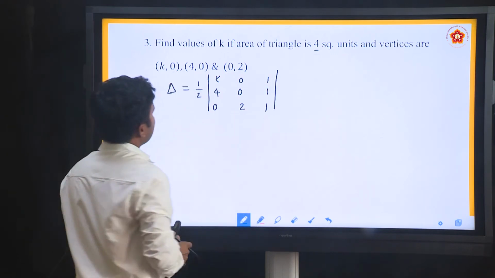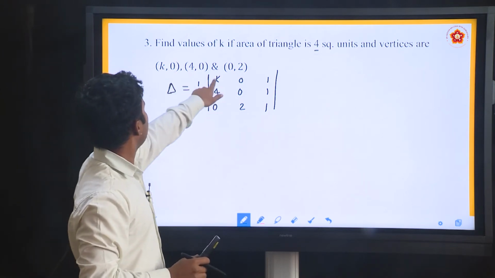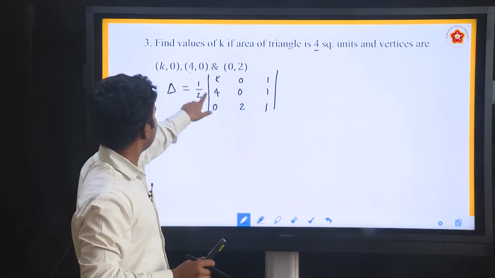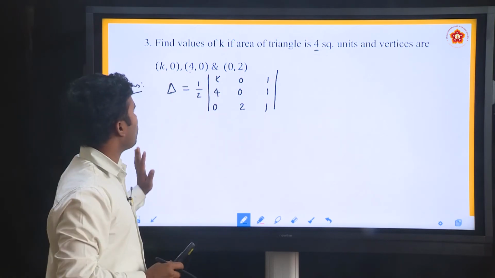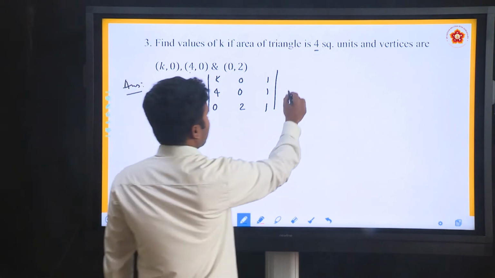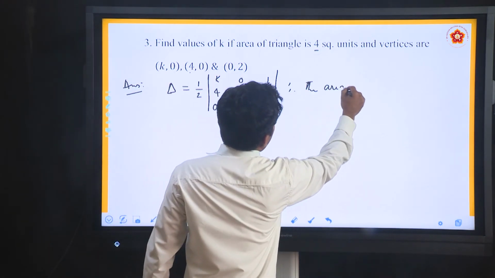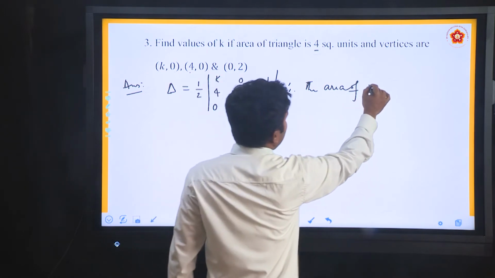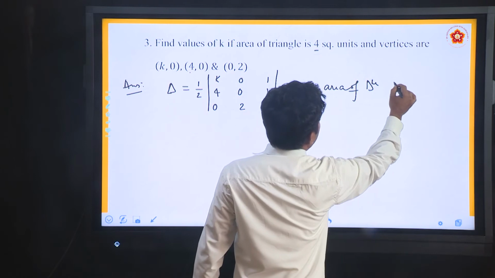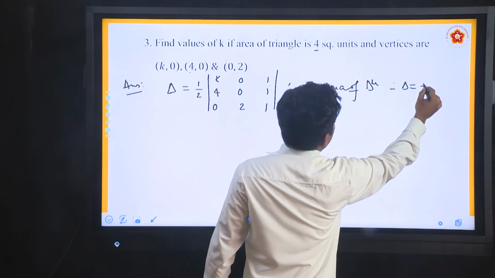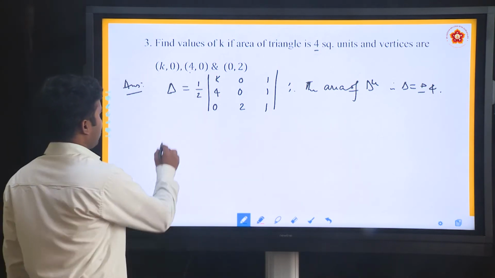We have written it in determinant form for the given vertices (k, 0), (4, 0), and (0, 2). They have given the area of the triangle as 4 square units. Therefore, we have to take delta as plus or minus 4. Now let us expand this.